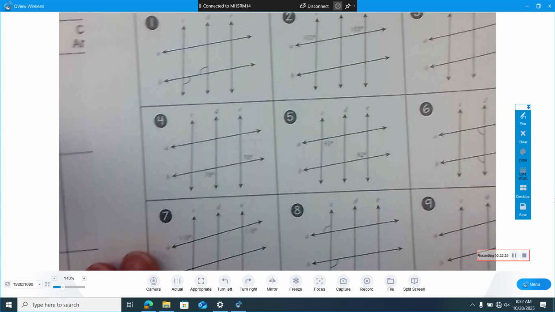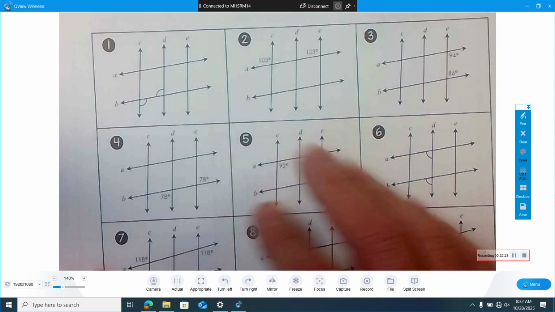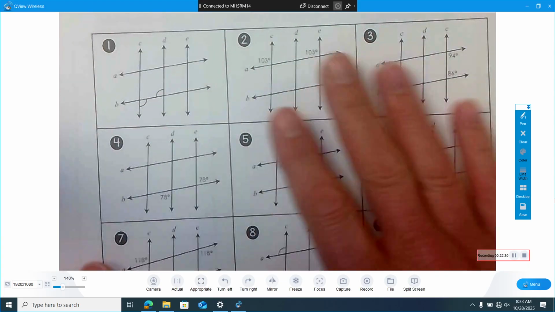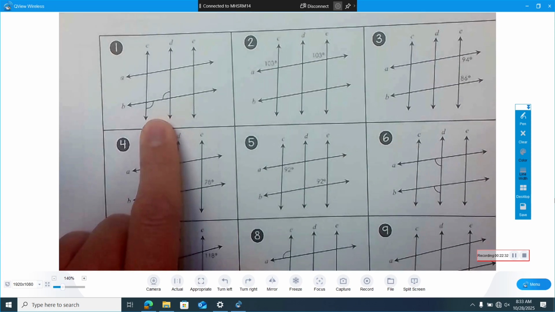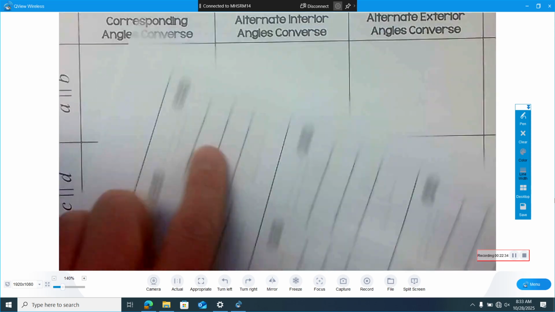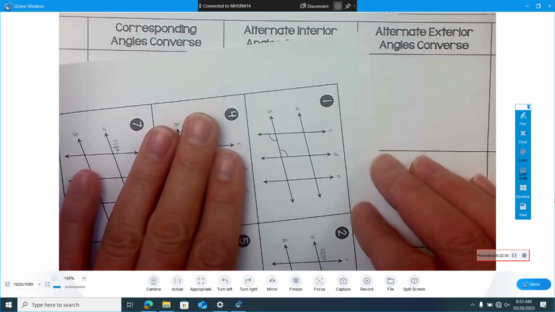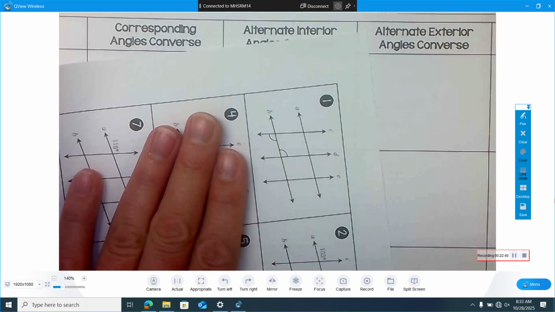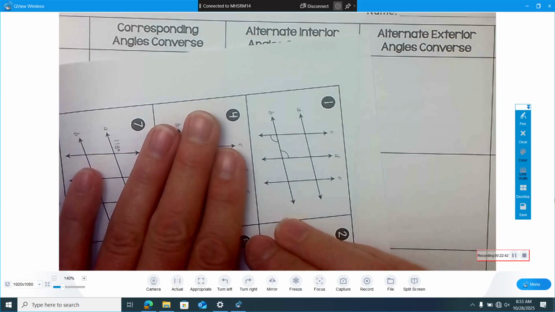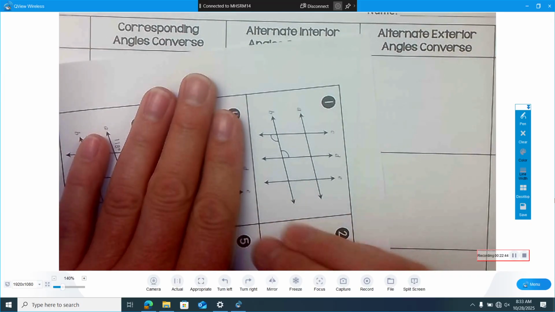The second page here is the page we're going to cut out. So for instance, here on number 1, on this first box, I'm going to rotate the page so I get a nicer angle. Again, alternating your perspective can help a lot here. Just looking at this first little box, tell me about those marked angles.